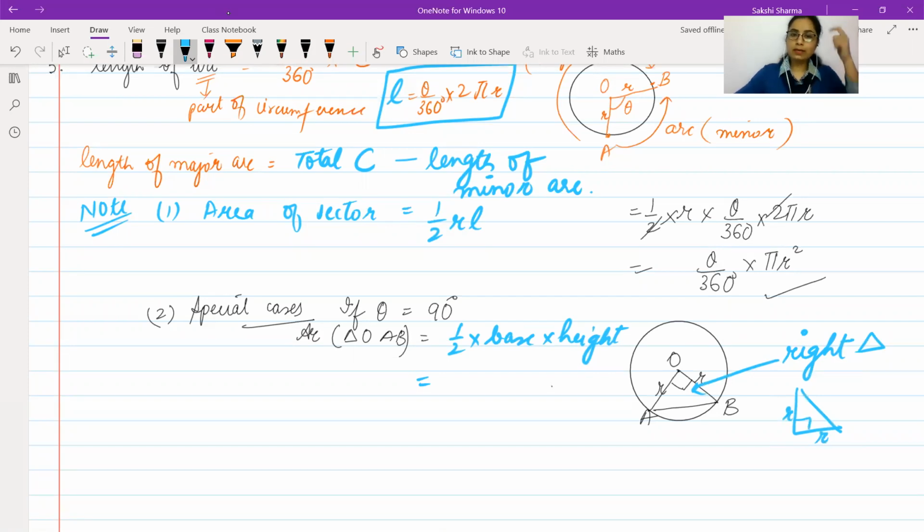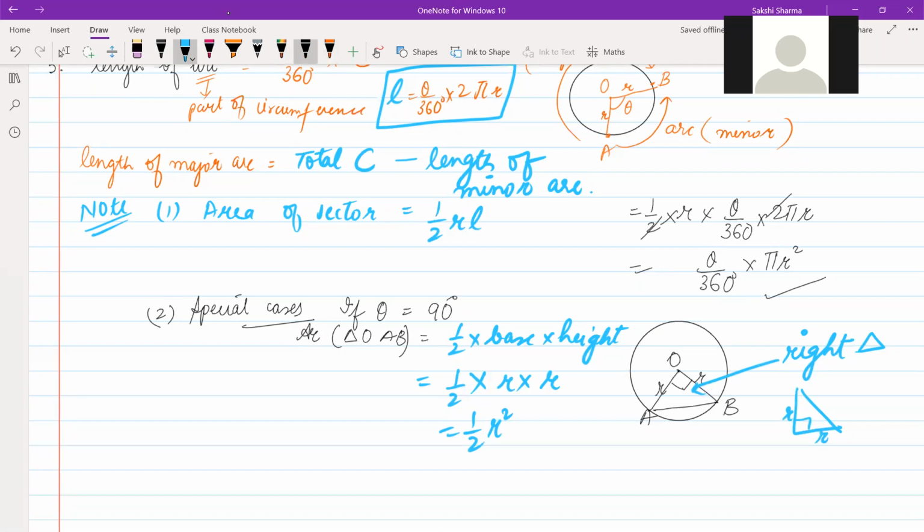What can you observe the area of this triangle would be? The base of the triangle is R and the height is also r, so the area would be half radius square.